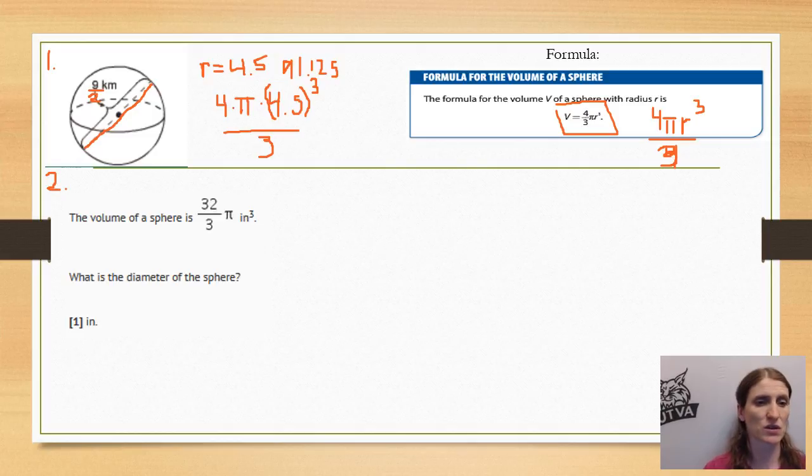And so I get 121.5 pi. Okay, or you could have gone 4/3 times that 4.5 cubed, that 91.125, and that would have been the same answer.